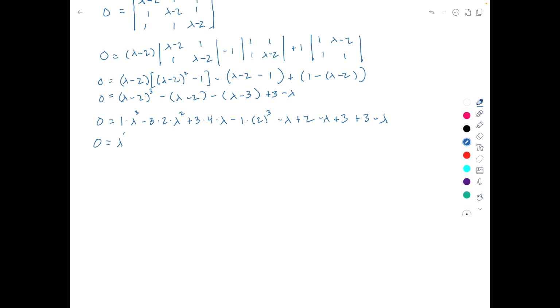We'll have lambda cubed. We'll have a negative 6 lambda squared. I think that's our only lambda squared term. And then we'll have 12 lambda minus 3 lambda is 9 lambda.